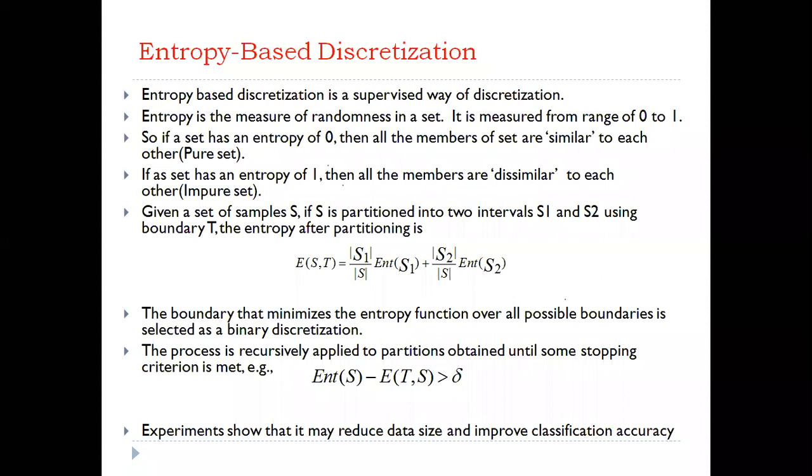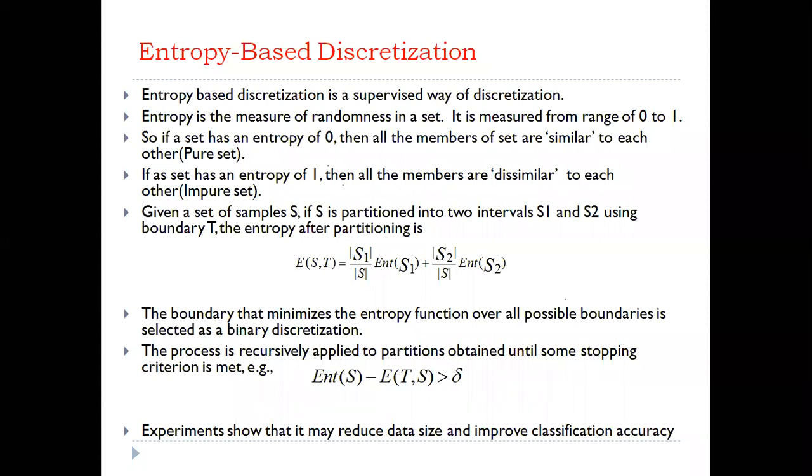You can just see the formula on the screen. Entropy of S and T equals to... suppose for instance, I have a set S, and in that set S about 12 distinct values. Based on certain intervals, I will partition the main set S into S1 and S2 using some kind of a boundary.